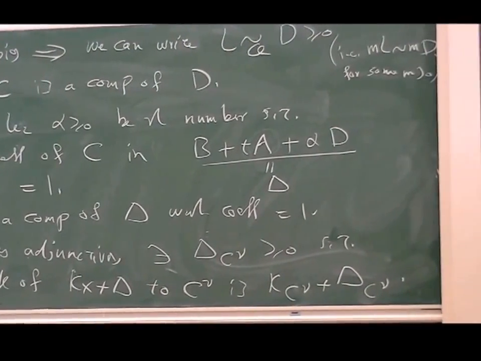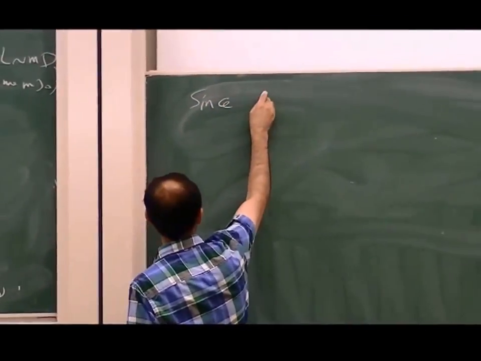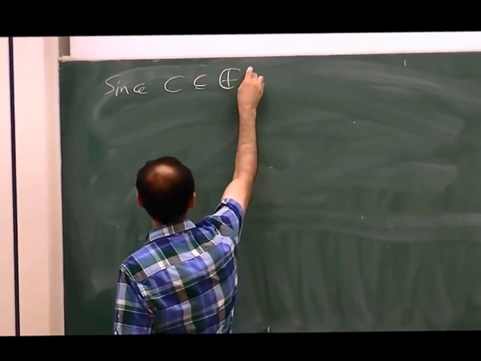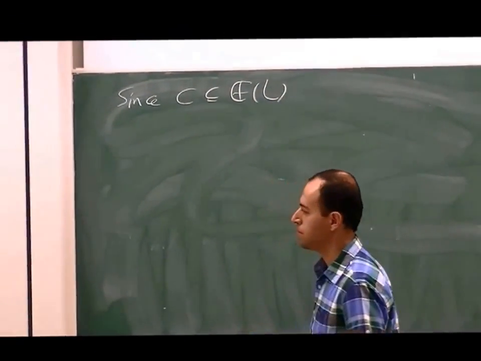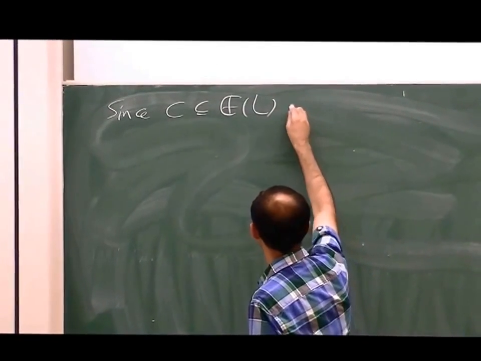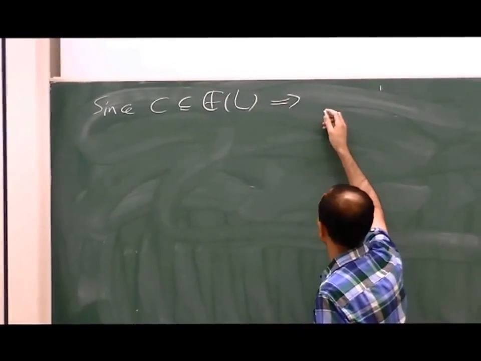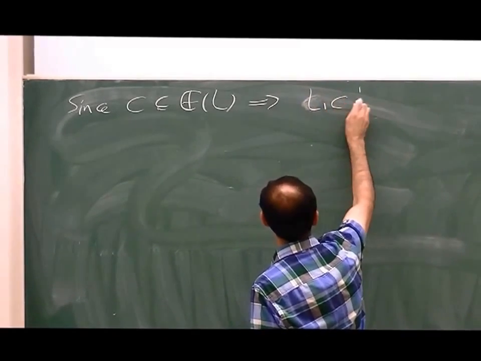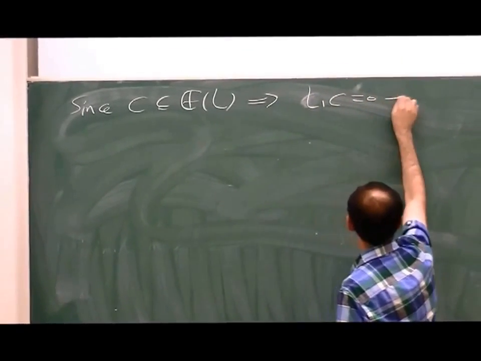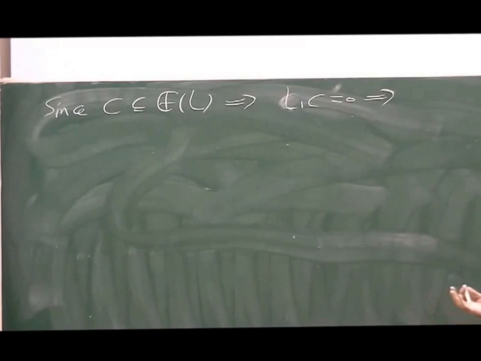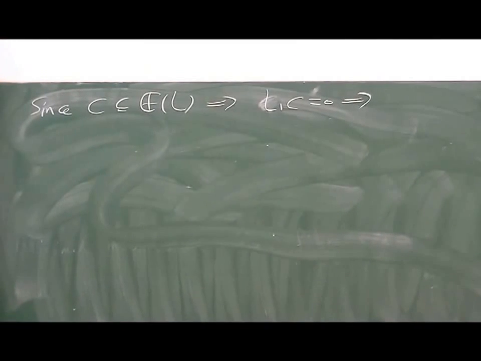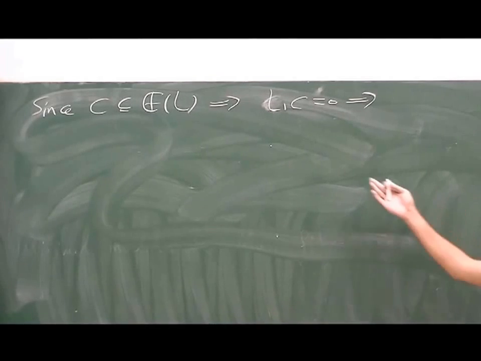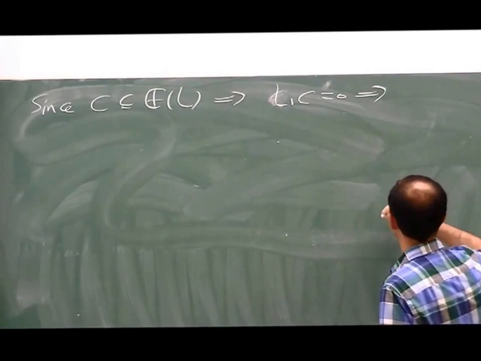But since C was inside the exceptional set of L, just from the definition you can see that this exactly means that C intersection with L is 0. This is because we are on a surface, and we are looking at those curves on which L is not big, but not big just means intersection equal to 0.